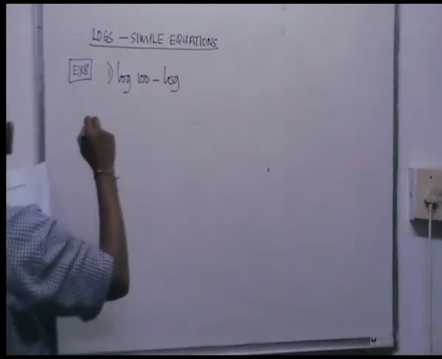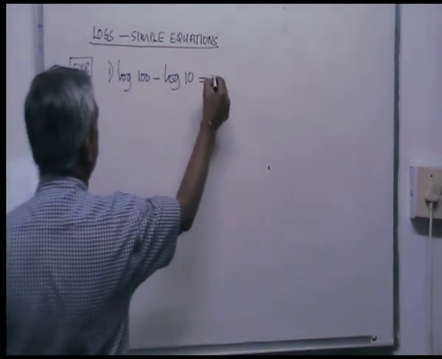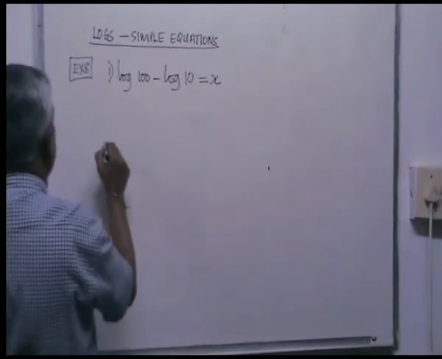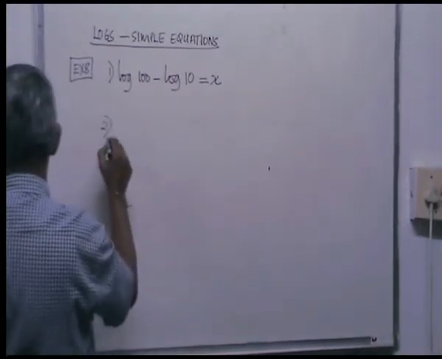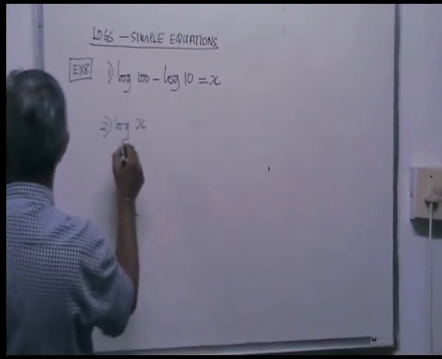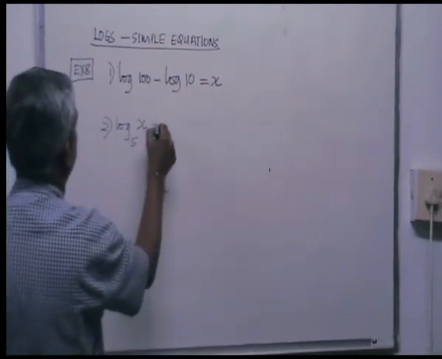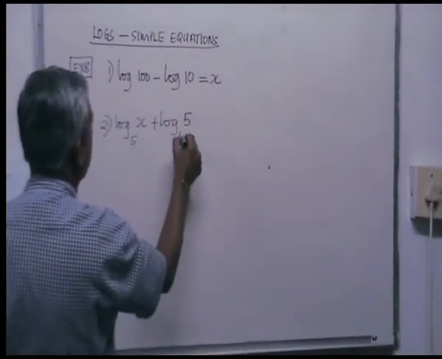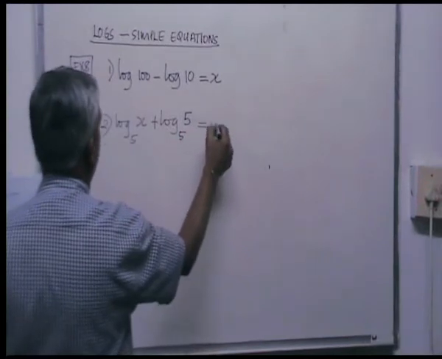Alright, we're on exercise 8. Number 1: log of 100 minus log of 10 is equal to x. Number 2: log of x to the base 5 plus log of 5 to the base 5 is equal to 4.